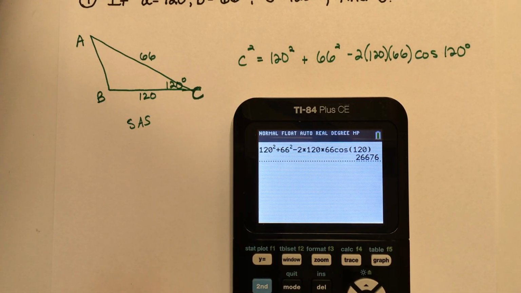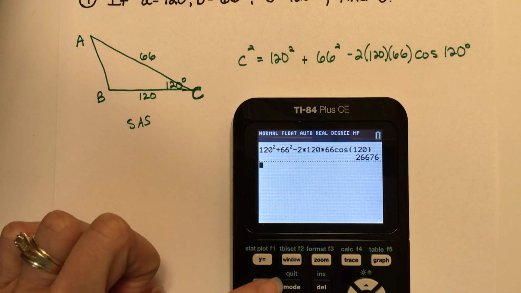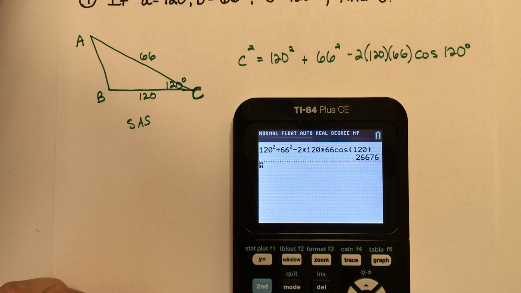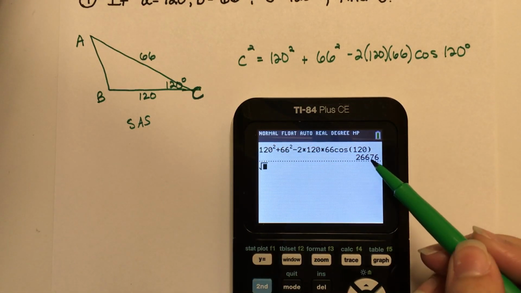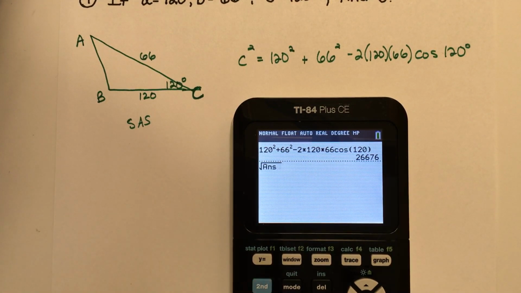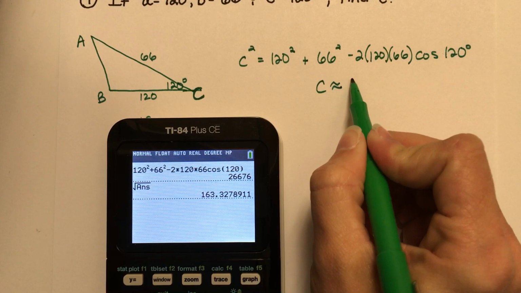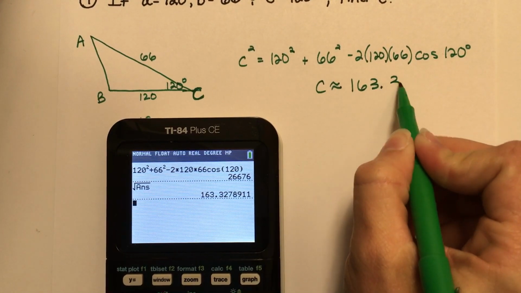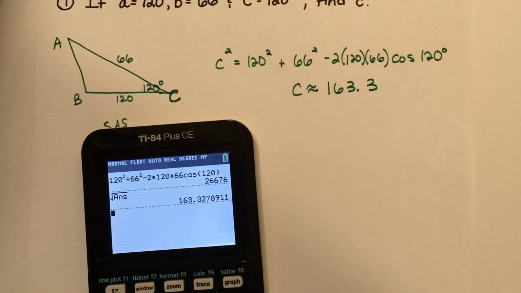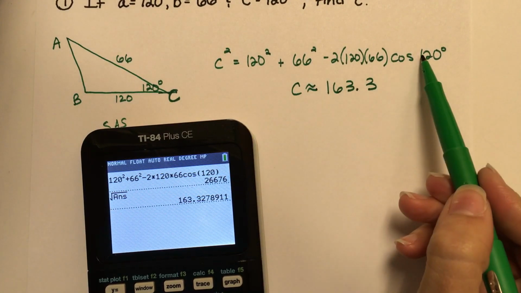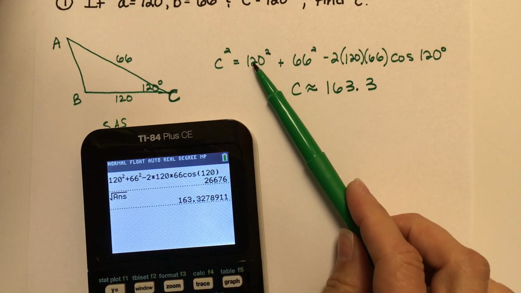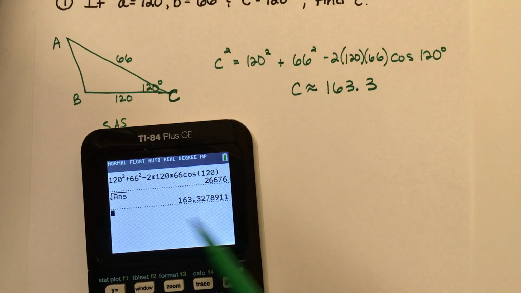So from right here you can go ahead and take the square root. Remember, you can do second enter instead of retyping those digits if you want. So the length of that side would be approximately 163.3. You can actually do every bit of this in your calculator in one step. Just don't forget, after you put this in, you've got to take the square root of that answer.